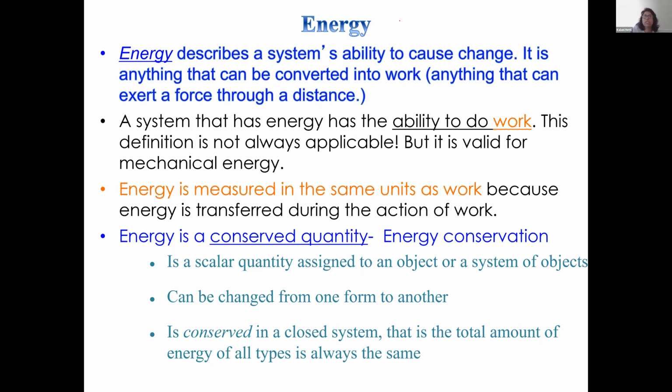That means the unit of energy will still be joule, and it is still a scalar quantity. Okay, and so now energy is a conserved quantity. We're going to talk about two conservation laws in your class. One is energy conservation, the other is momentum conservation, and we will talk about angular momentum conservation and those things, but still it is momentum, right?